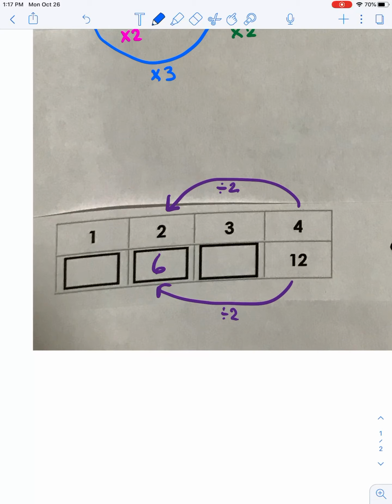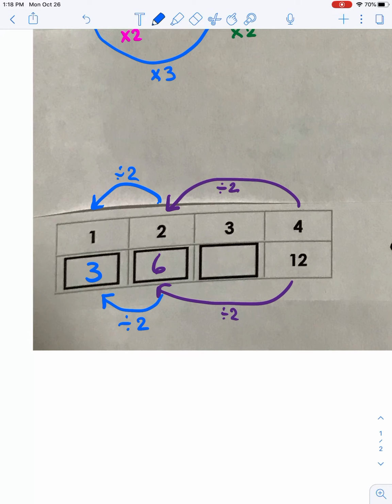And then let's see what else I can do. Now I can do 2 divided by 2 is going to give me 1, and then 6 divided by 2, if you look, is going to give me 3. If you look, the bottom and the top are exactly the same.